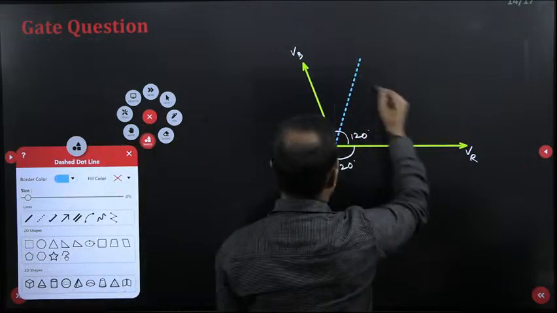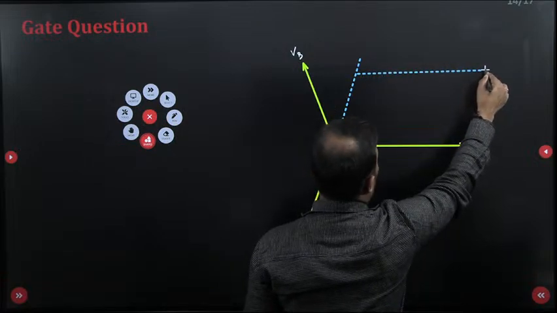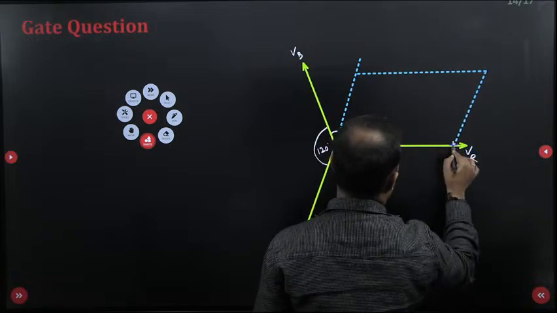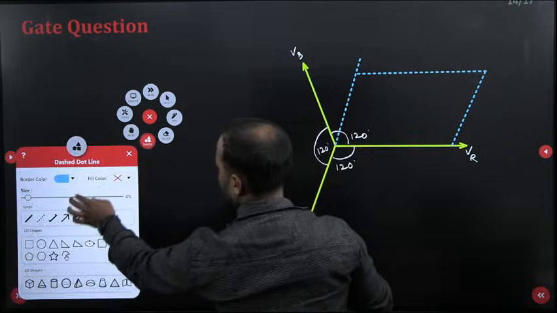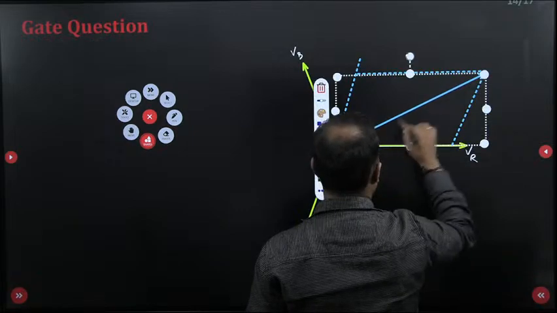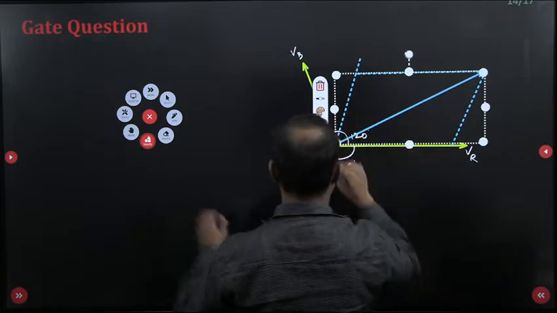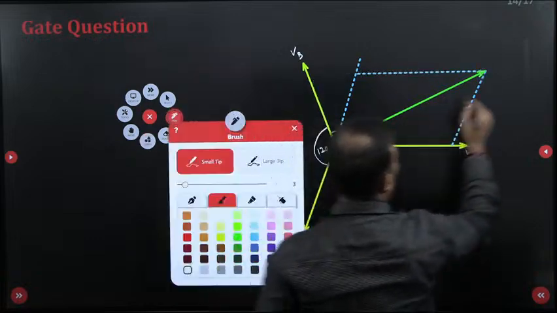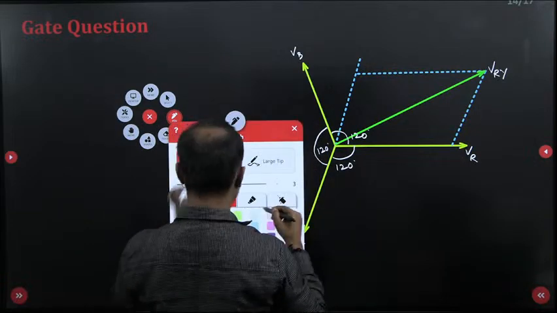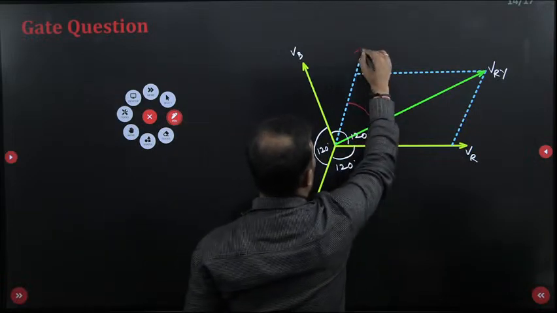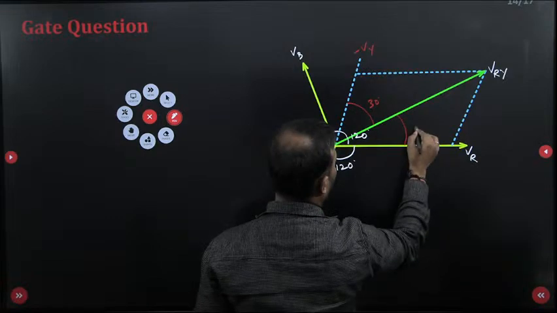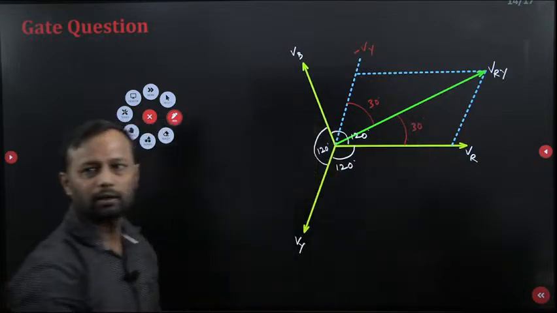Take the vector sum of these two, and this is VRY. One more thing: what is the angle from this to this point? This is minus VY, so this angle is 30 degree, and similarly this angle is also 30 degree.